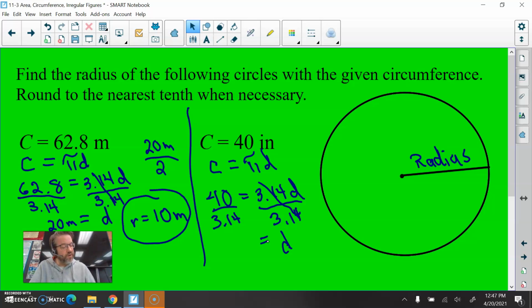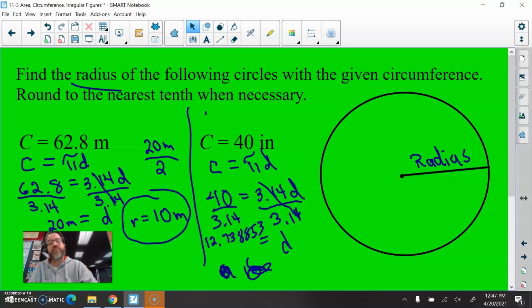I'll grab my calculator, I'll go 40 divided by 3.14 equals, and it says 12.738853. Now I want to find the radius, remember? This is the diameter, d. So I need to divide this by 2 in order to find the radius.